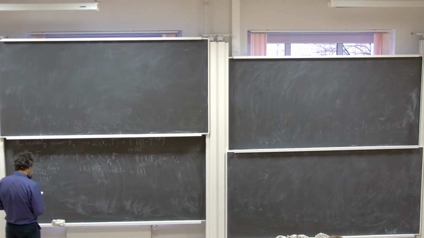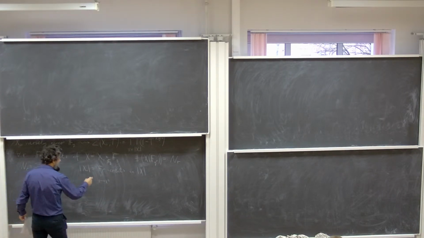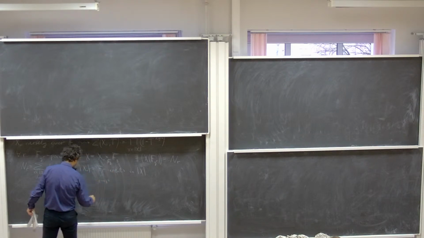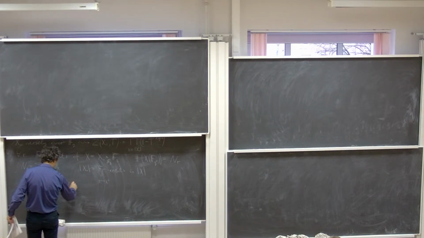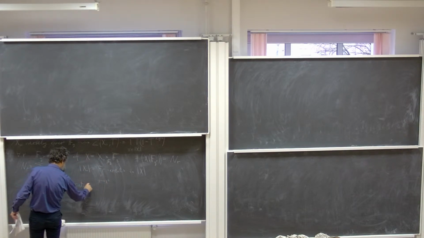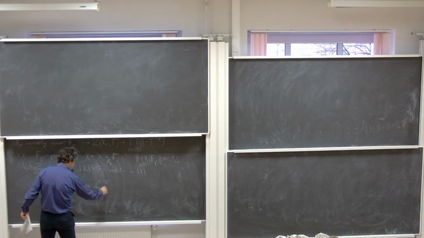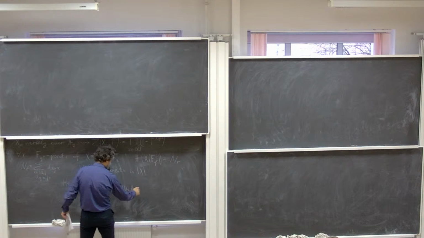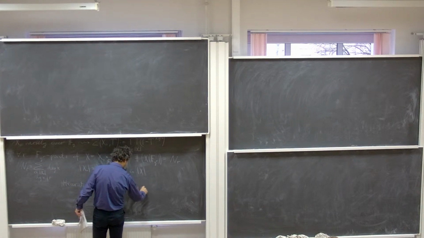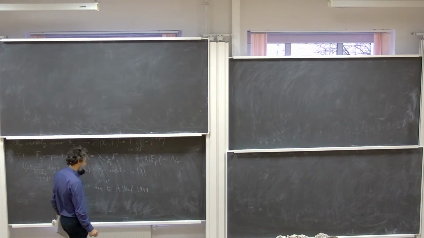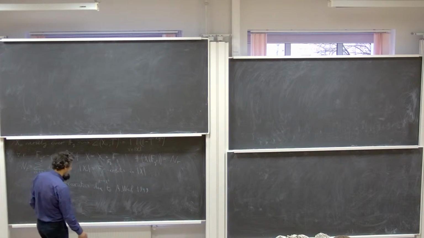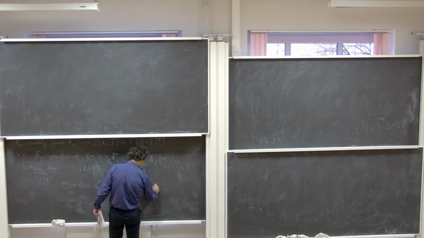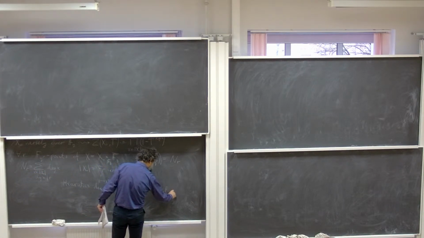But what I promised to do last time is to develop some tricks due to André Weil, going back to 1949, a very famous paper of his, where he formulated so-called Weil conjectures.